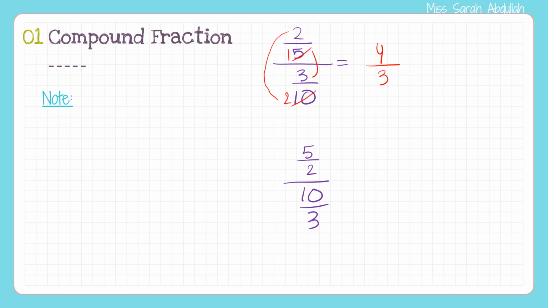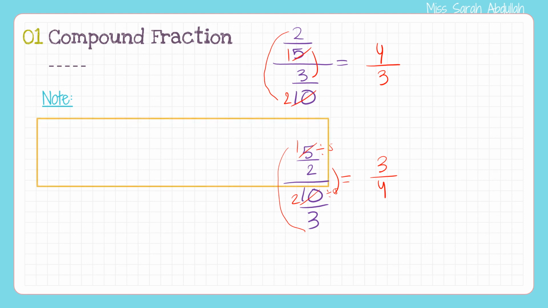So this is one of the notes. The other note is this one. I can also simplify the numerators, not only the denominators. So divide by 5, it becomes 1, and by 5, this one becomes 2. So again, 1 times 3, now it's 3, and 2 times 2, it is 4. So these are the two notes.